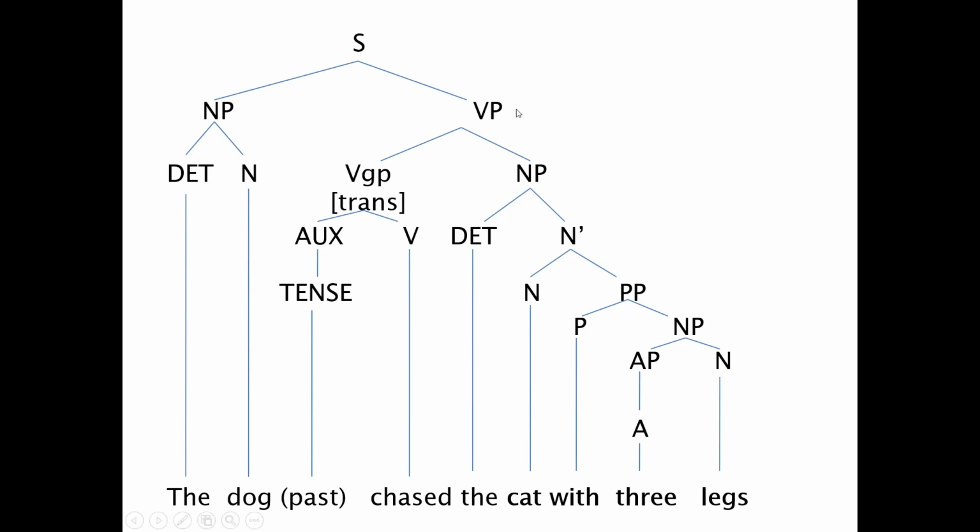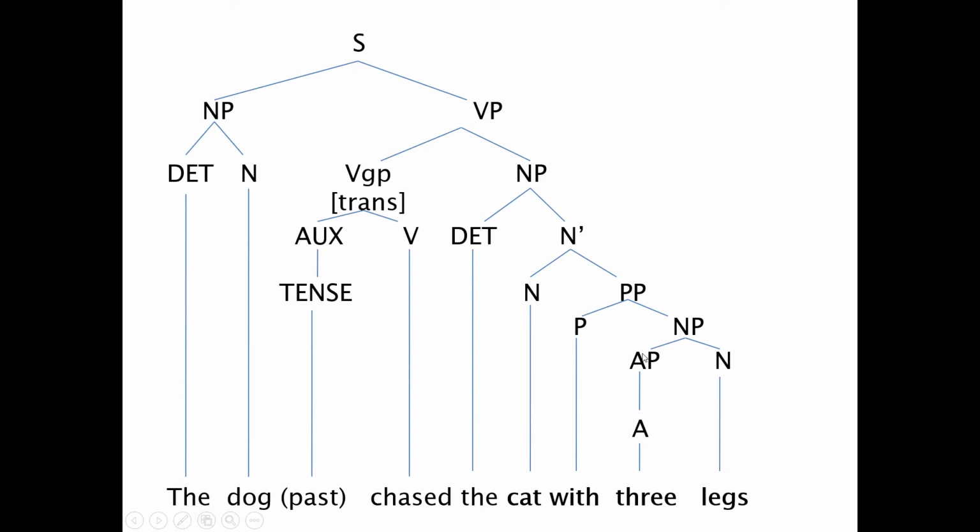Here, as you see, we have subject, noun phrase, verb phrase. So we have the verb phrase, and that is the noun phrase, determiner and noun. So that will be repeated. Okay, you see, we have noun, cat.